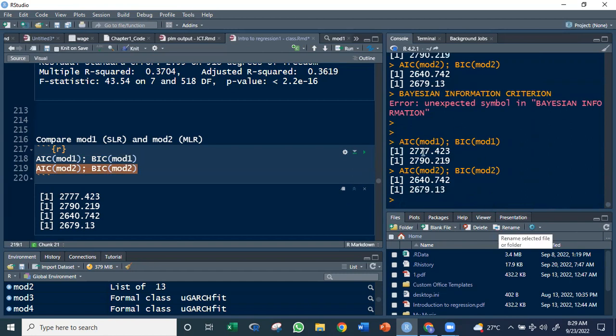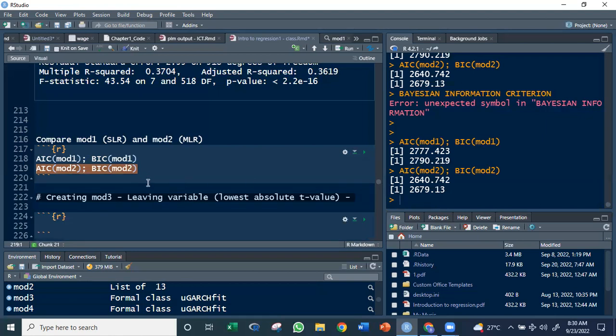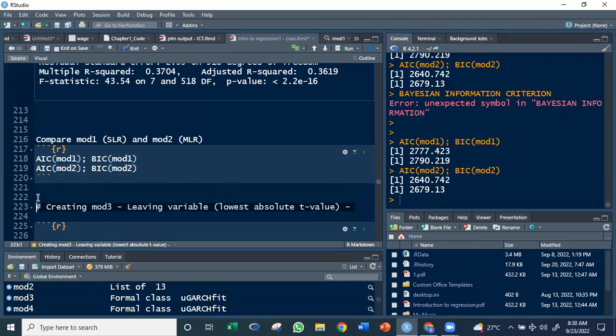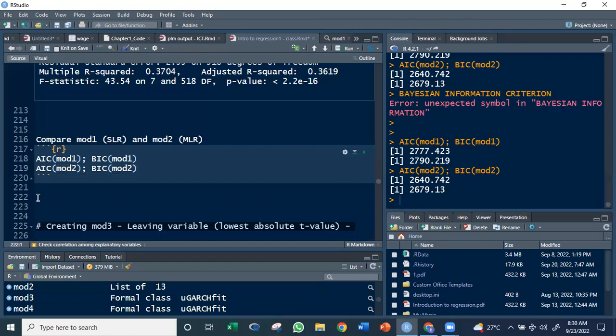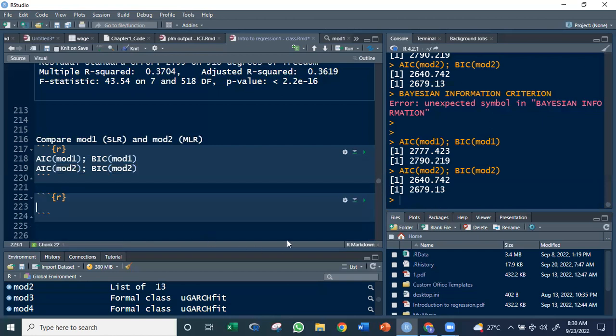All right. For model 1, the AIC is 277. For model 2, it's 2640. So definitely model 2, which is a multiple linear regression that includes all the variables, is better than model 1. Also in terms of BIC, 2790 versus 2679. No debate about that. Model 2 is better than model 1.